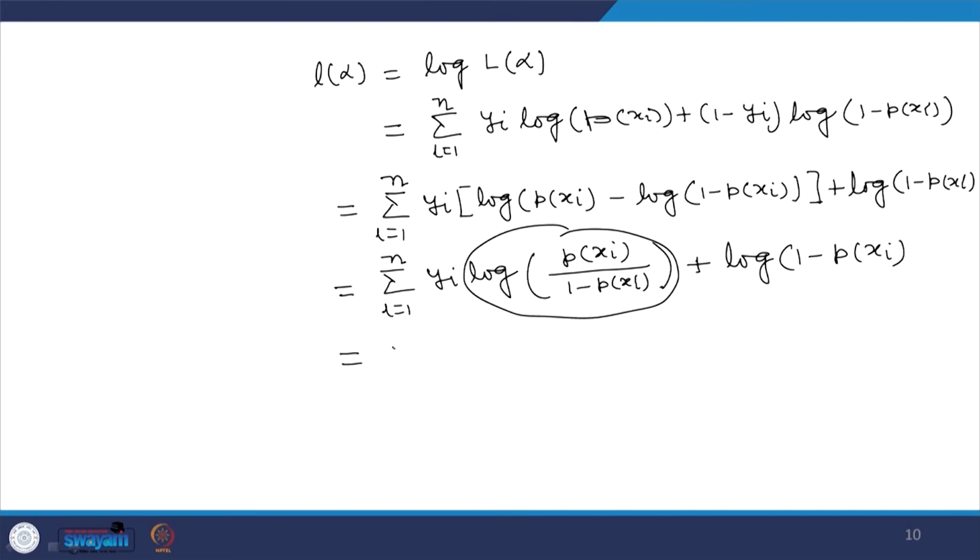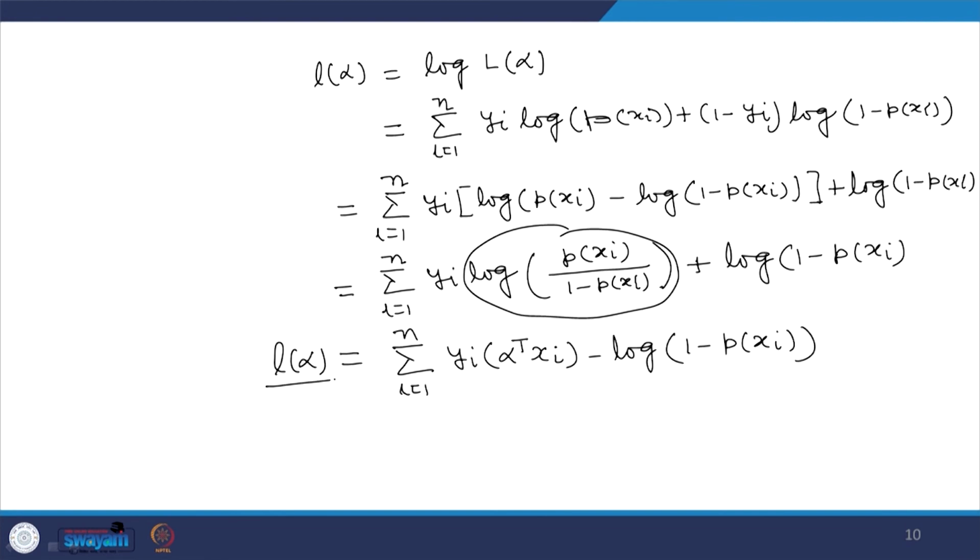So, let us plug it in: sum over i equals 1 to n of y_i alpha transpose x_i minus log of 1 plus exponential term, that is, log of 1 minus p(x_i) with sign handled, and I have to maximize this function.